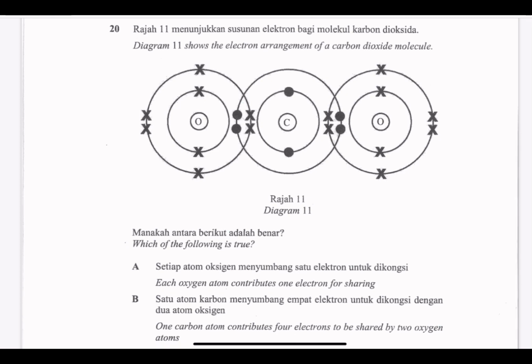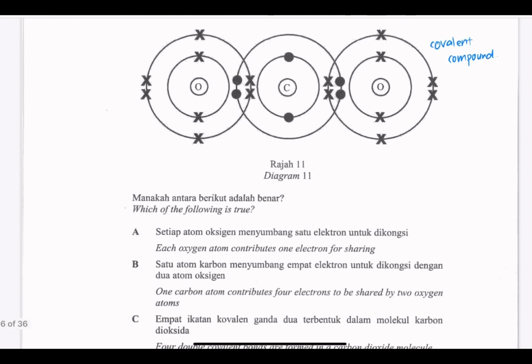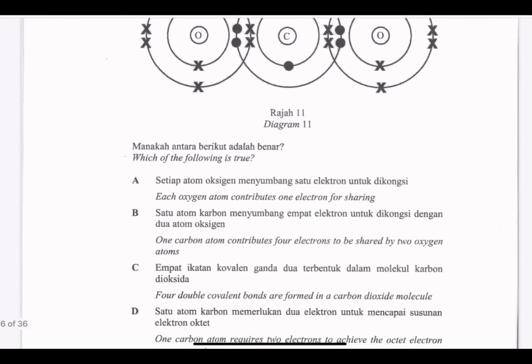This is the electron arrangement of a carbon dioxide molecule. It is a covalent compound. They are sharing electrons. Which of the following is true? We have to go through the answers one by one.